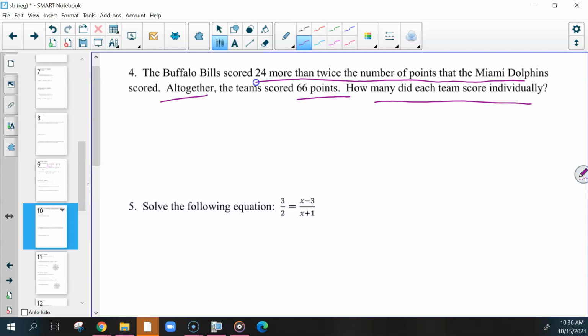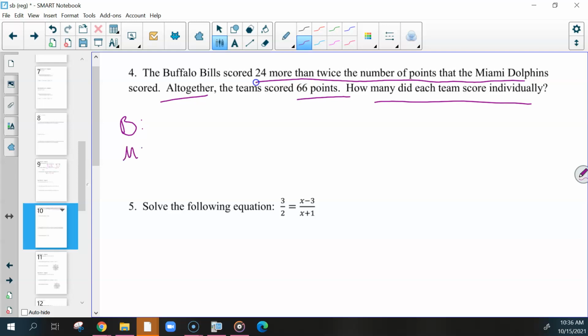So I would take each part and kind of break it down. So we know that the Buffalo Bills scored 24 more than twice the number of points Miami Dolphins scored. I don't know how many points either of them scored, so we need some sort of variable.